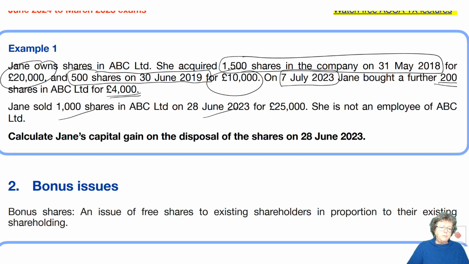So she bought some in May 18, some in June 19, and some on the 7th of July 2023. Now, she sold some shares on the 28th of June. Dates are very important here. So we're going to match those first.